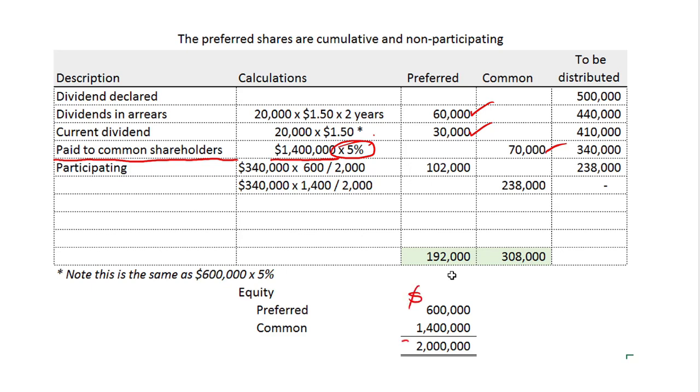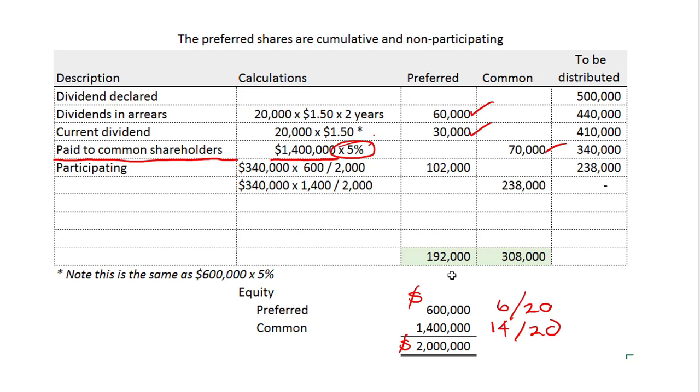And again, what we're looking at is the dollar amounts in the equity section. Preferred shareholders had 600,000 of preferred shares, so they're entitled to 6/20. The common shareholders are entitled to 14/20. There's no particular reason to try and bring that down to a percentage.